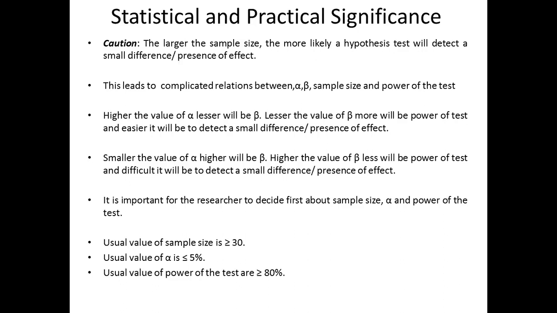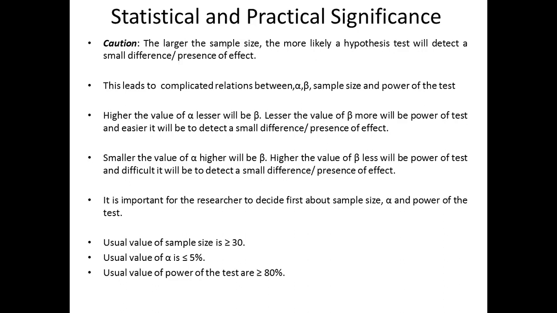This leads to some very complicated relations between alpha, beta, sample size, and the power of the test. The complication is that the higher the value of alpha that we take, the lesser will be the beta value. But remember, a higher alpha means a higher false positive rate, and we don't want that, because we want alpha to be a low value.